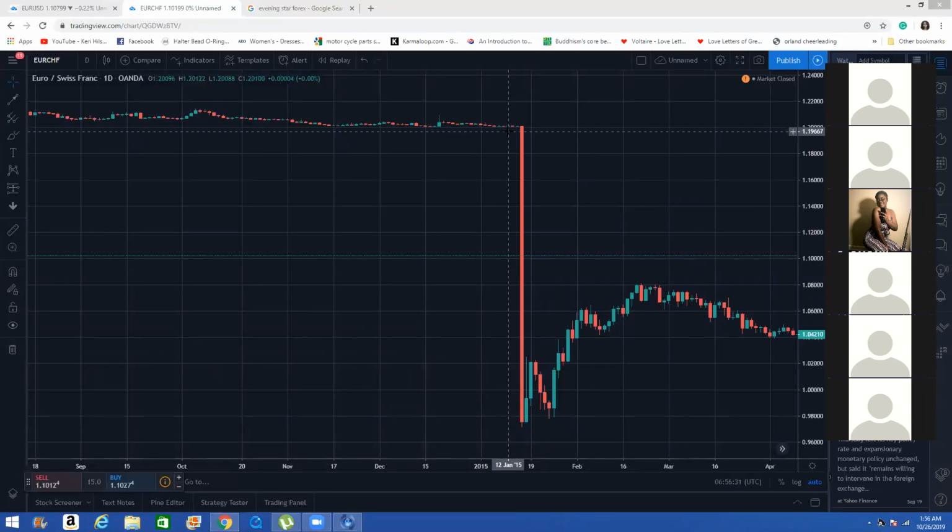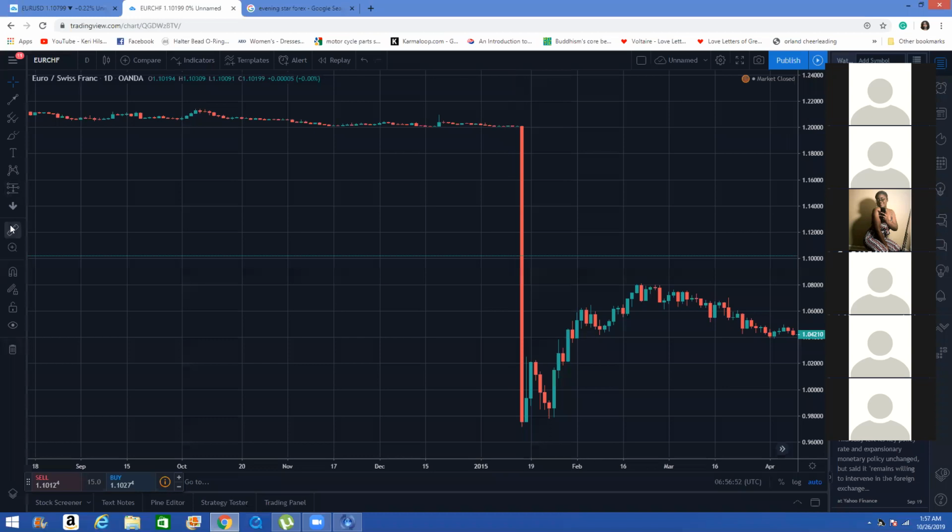They were very, very grimy, and they took the peg off abruptly one day, and it dropped from right here. So everybody who was holding these positions in high lot sizes basically got messed up.